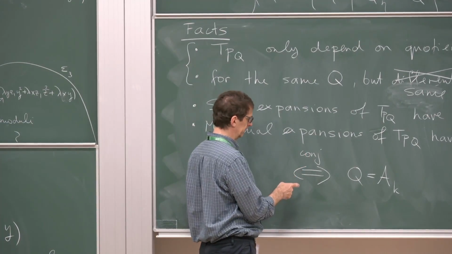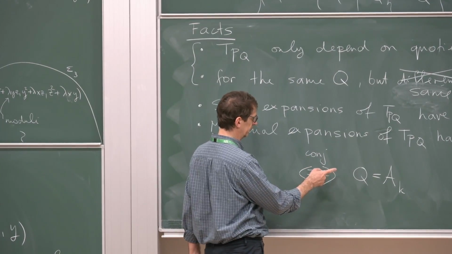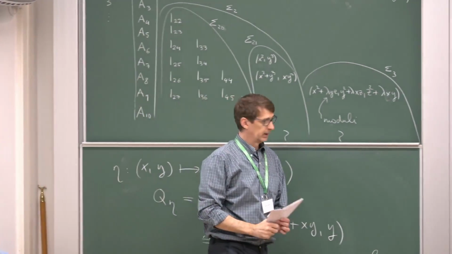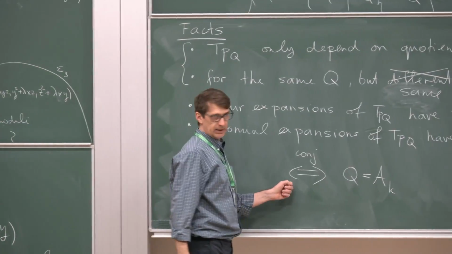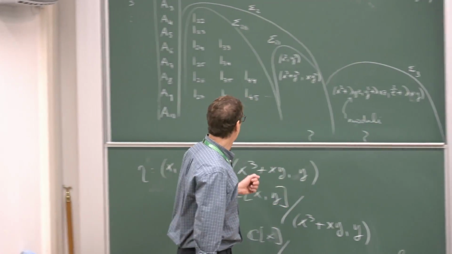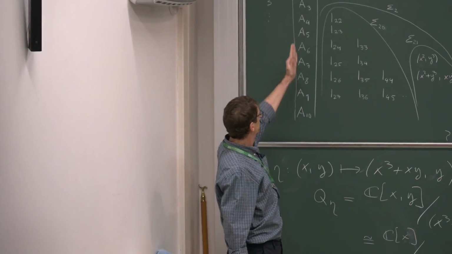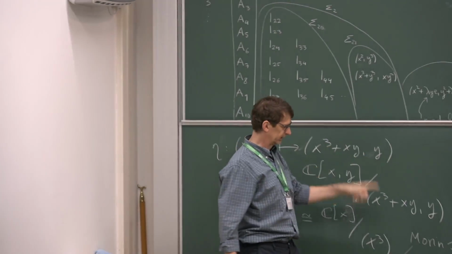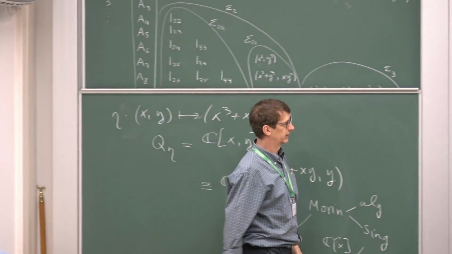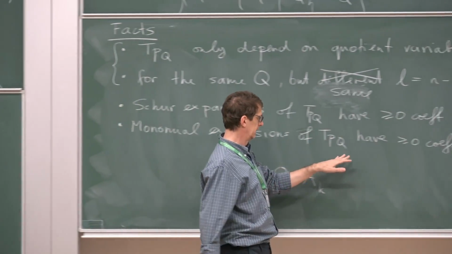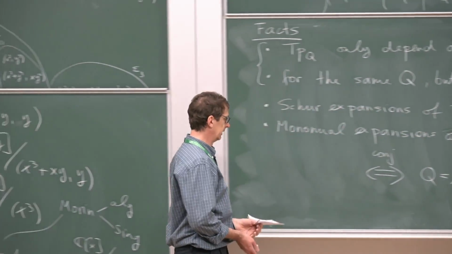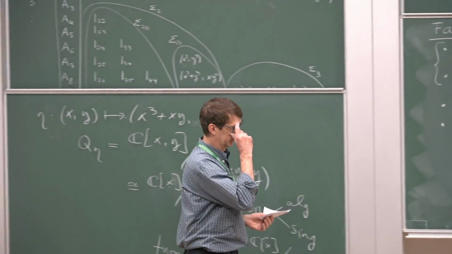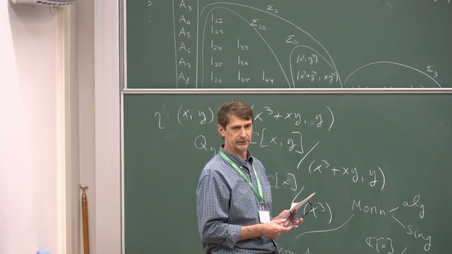I proved it 25 years ago that if Q is not coming from this first column, this is not true. However, the conjecture remains open that if you consider the Thom polynomial of the simplest possible type, the Morin type, the local algebra being this algebra, then the monomial expansions have non-negative coefficients. This is not known. This is one of the most difficult looking conjectures of this story.